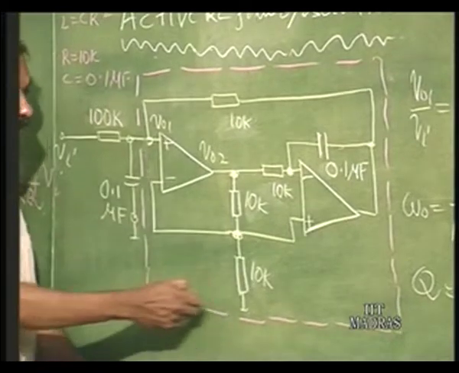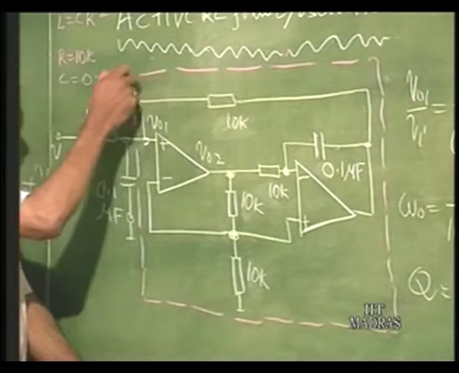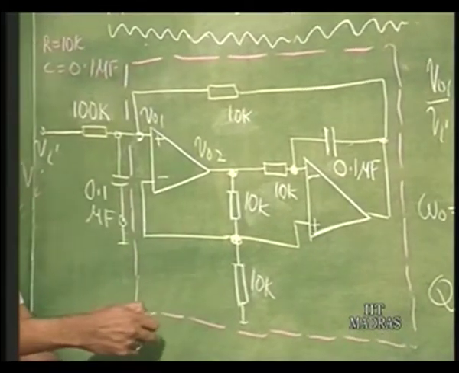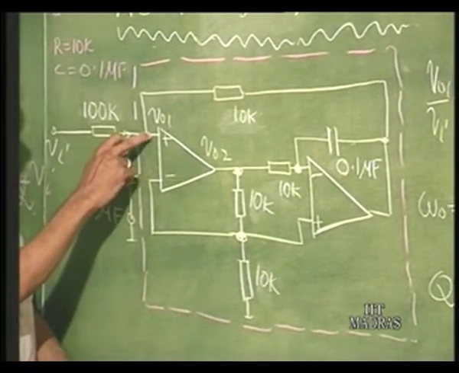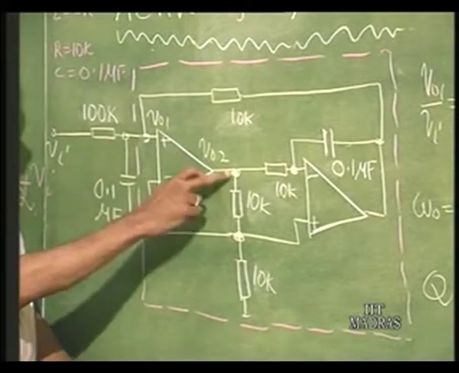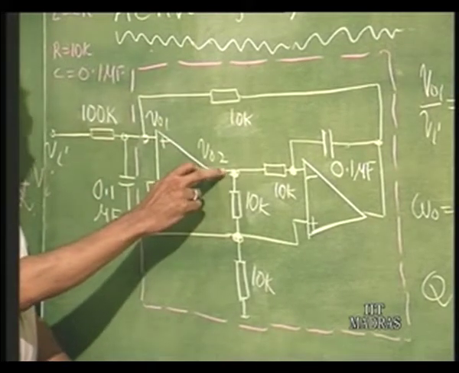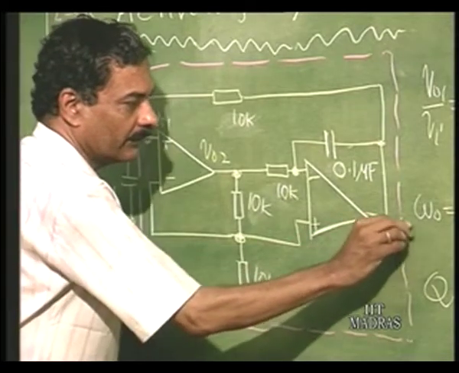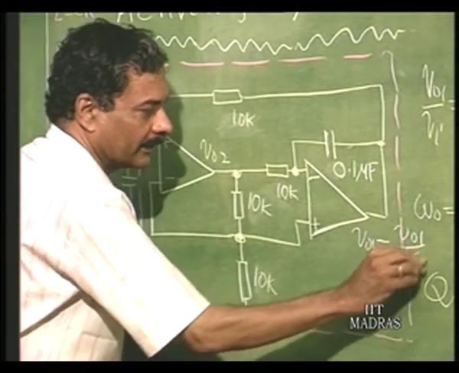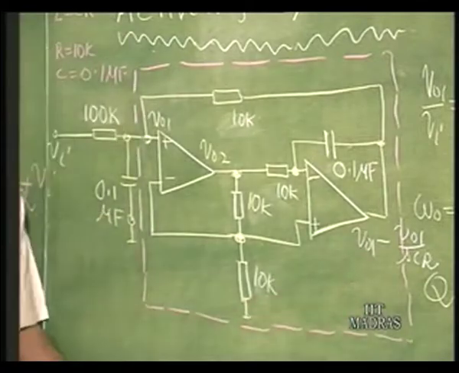This circuit, which is put within this red dotted line, is called the gyrator. That is, if this is V naught 1, for example, V naught 2 is going to be twice V naught 1, and here we will get V naught 1 minus V naught 1 by SCR, that is what is simulated.